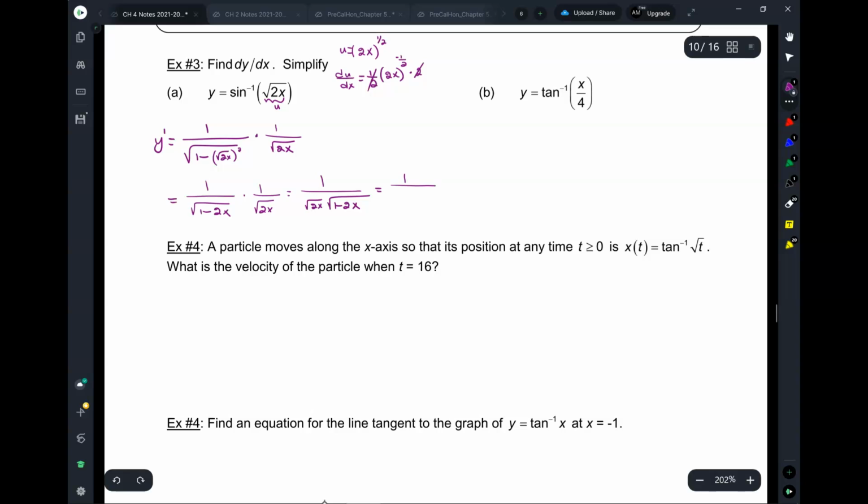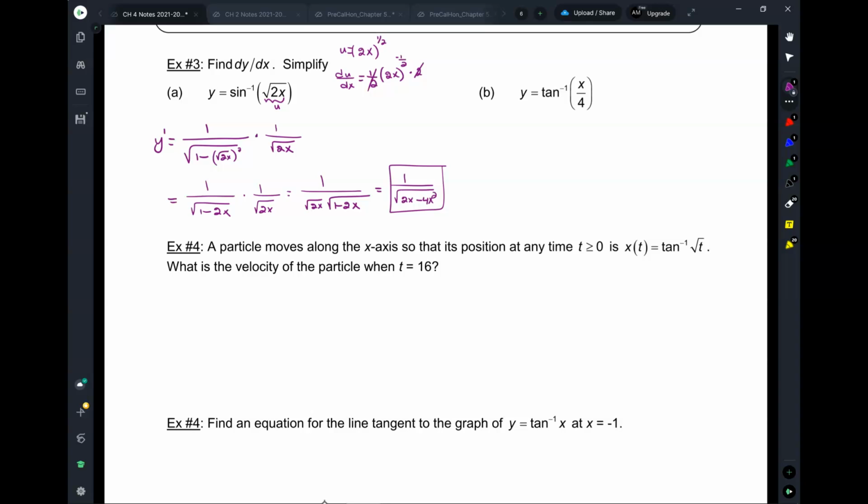So 1 over the square root of 2x minus 4x squared. And I know a lot of you can skip some steps from here to there, which is fine. The most common mistake here is students will just forget that the derivative of sine is that and the derivative of inverse tangent is that, and it'll just be a whole other something that they make up.